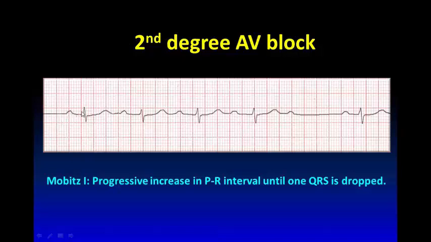This is a P wave, this is a QRS complex, this is a T wave, this is a P wave, this is a QRS complex, this is a T, this is P followed by QRS complex, this is T, P, QRS complex, T. The PR intervals are progressively increasing in the successive beats, and here we have one P wave which is not followed by a QRS complex. This is another P wave.